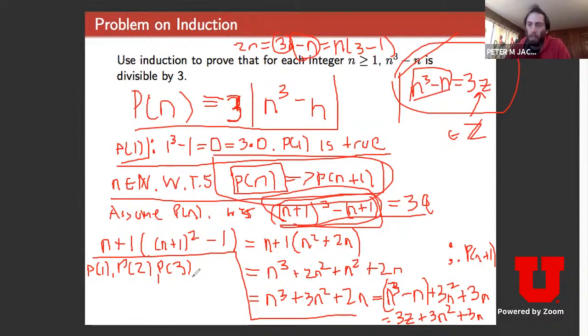So maybe someone will ask us to prove that if n is greater than or equal to 11, then n cubed minus n is divisible by 3, in which case the base case is now P(11) and not P(1). Some things might vary, but this general strategy of finding a base case and then proving that P(n) implies P(n+1) will be similar throughout.